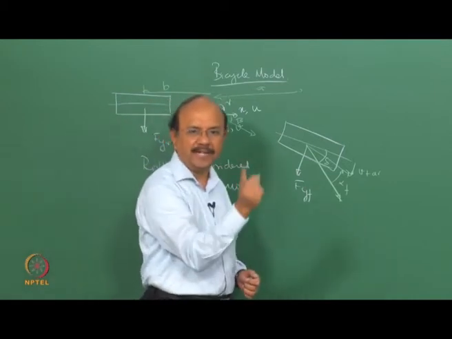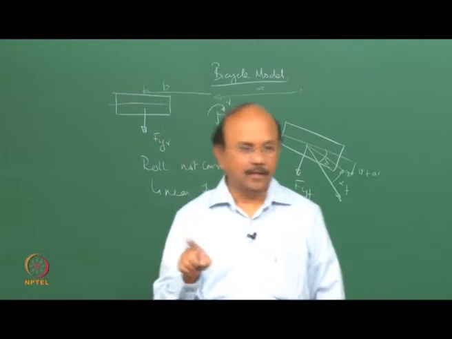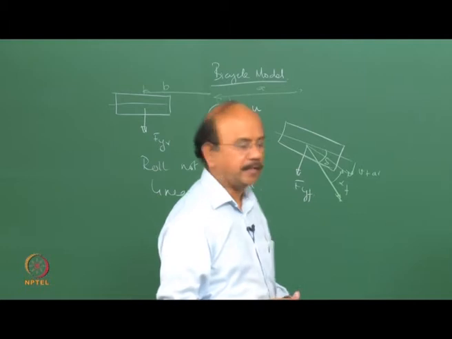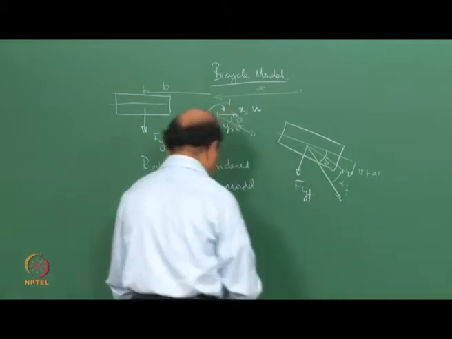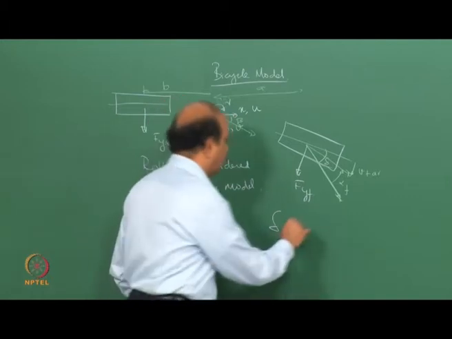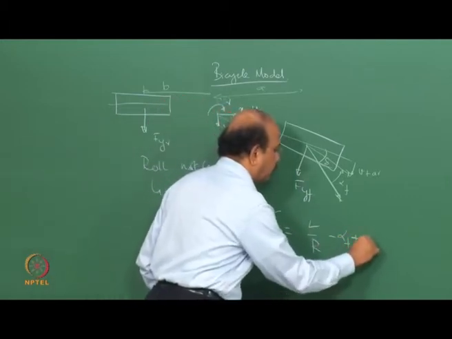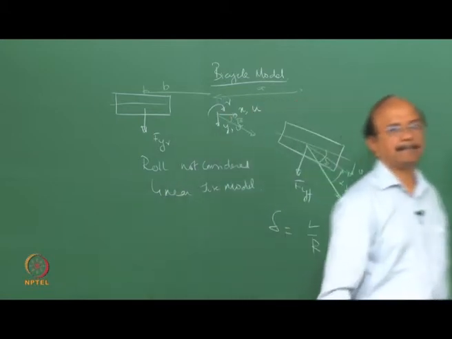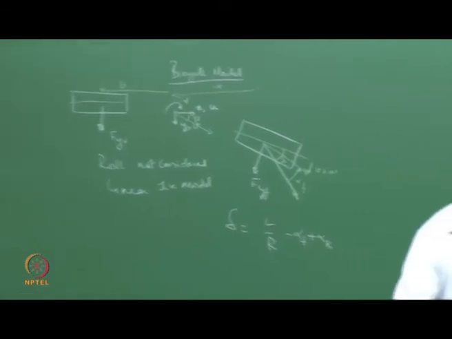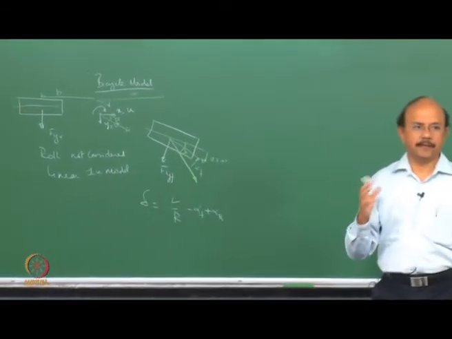In order to bring that into effect, we define that to be negative, right? So ultimately, if you go back and look at the expression which we derived, we said that delta is equal to L by R minus alpha f plus alpha r. This is what was defined.